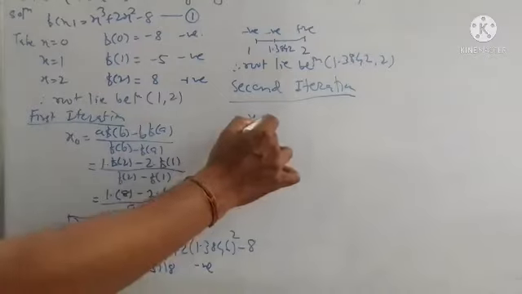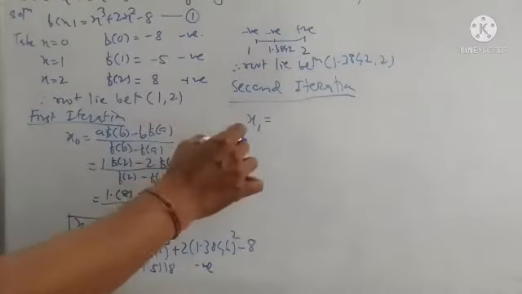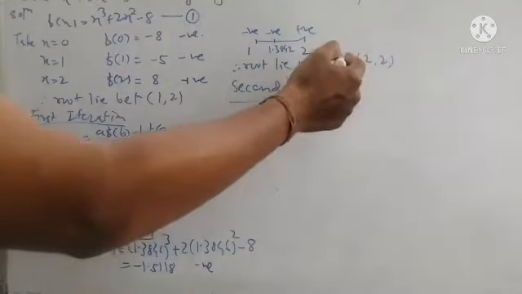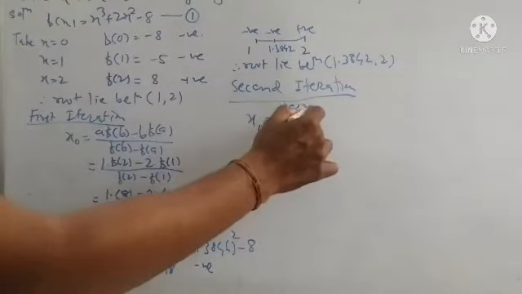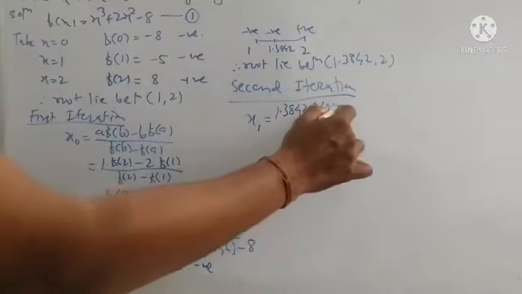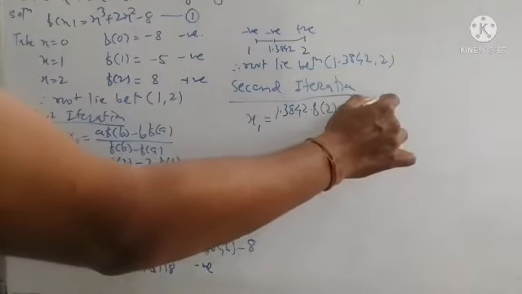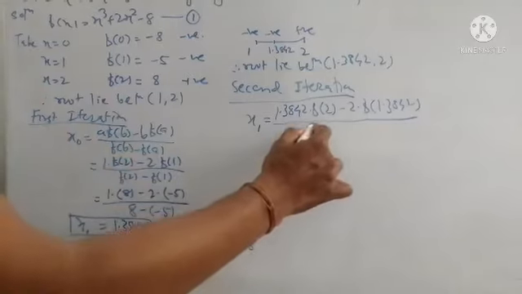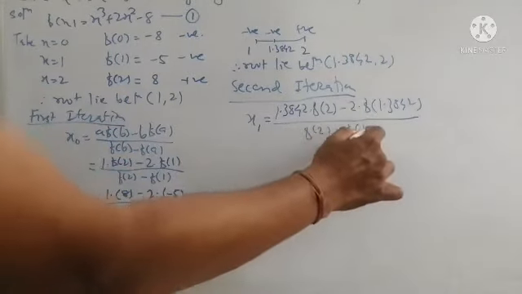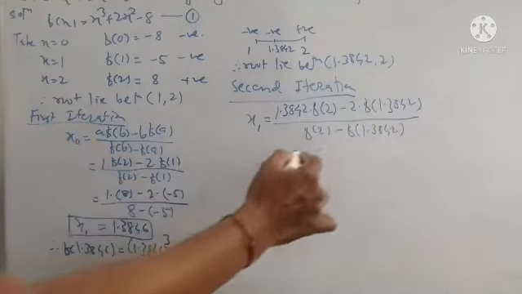So it is represented by x1. Now x1 lies in this interval having one endpoint 1.3846. So this 1.3846 is multiplied by function at second endpoint 2, minus 2 is multiplied by function at 1.3846, divided by f of 2 minus f of 1.3846, as it appears in numerator.